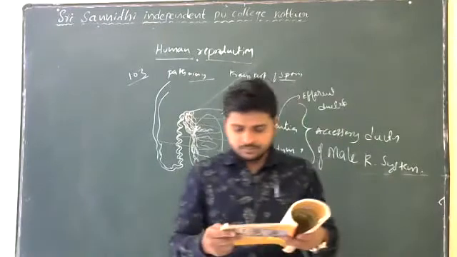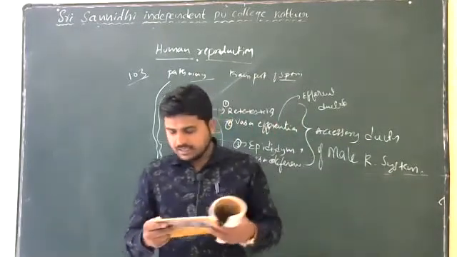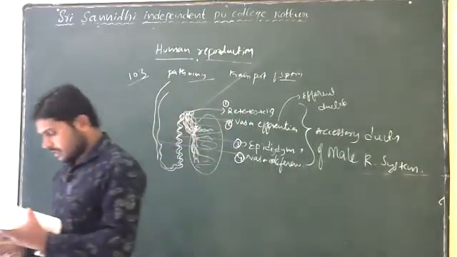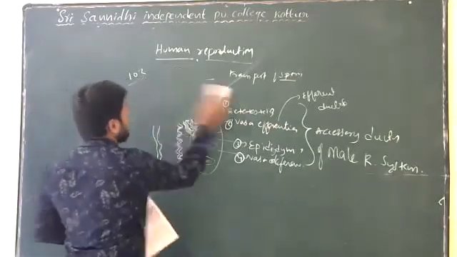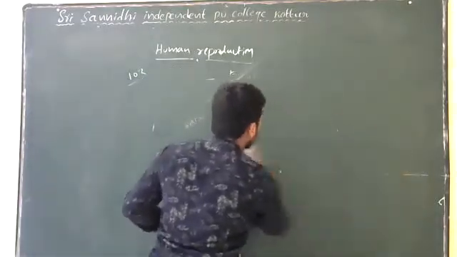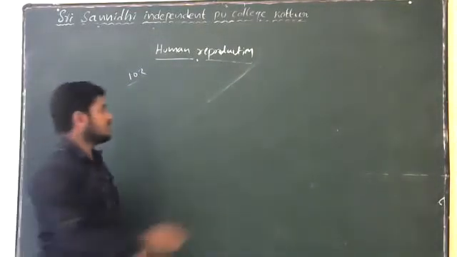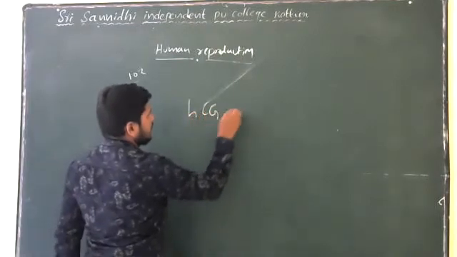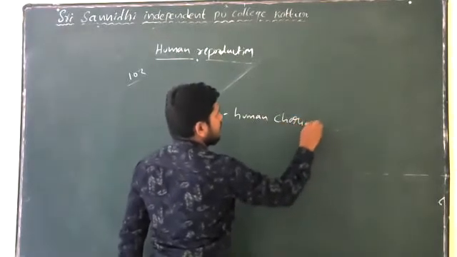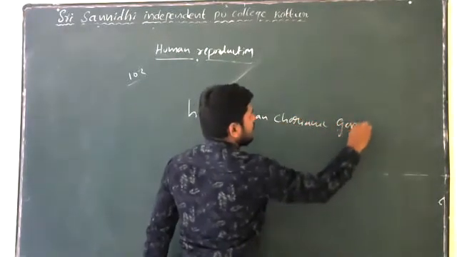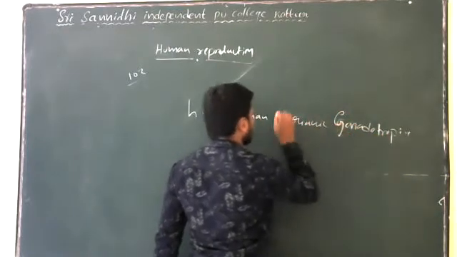So the next question. Several hormones like HCG, HPL, estrogen, progesterone are produced by which organ? HCG means human chorionic gonadotropin.